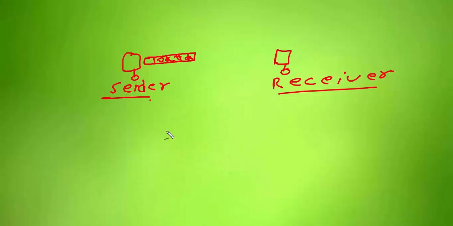So let's say this is the sender and this is the receiver. The sender sends one packet and immediately we have the acknowledgement of that one packet.